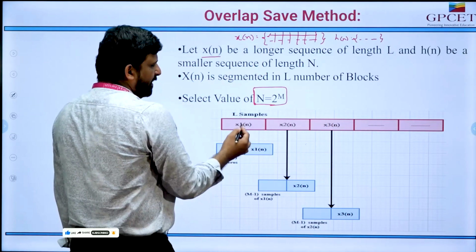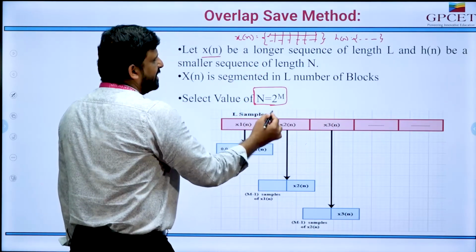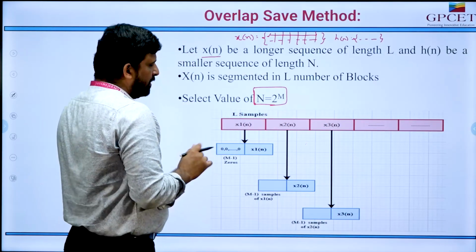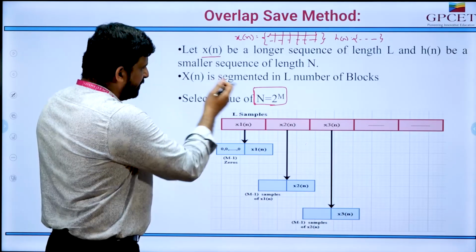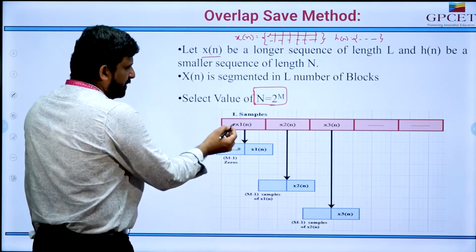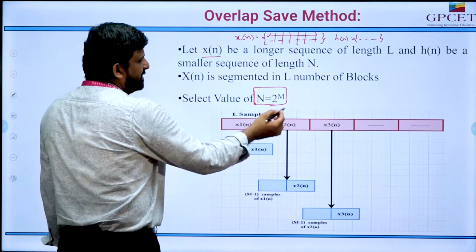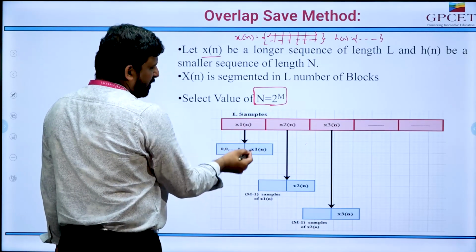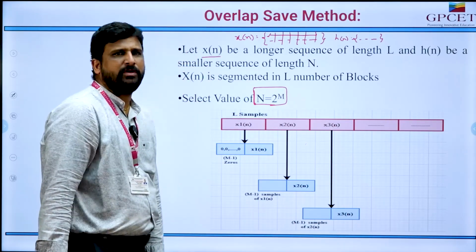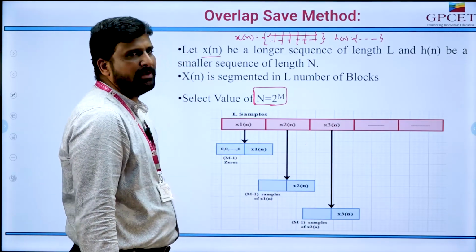What I have done first is convert this sequence into L number of blocks of L samples. If I subdivide the whole sequence, we will get x1 of n, x2 of n, x3 of n, and so on. That many block sequences will be formed.